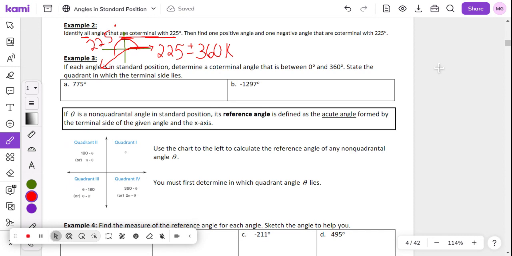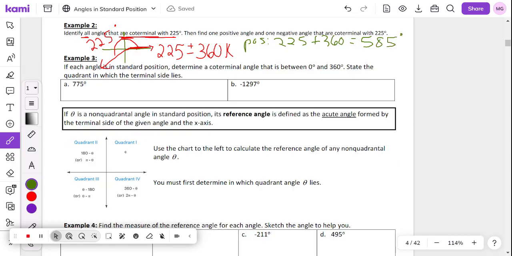So for a positive example, I would just think 225 plus 360, or 225 plus 720, or 225 plus 1080. All those numbers we dealt with before. The simplest one is just to add 360, and we get 585.